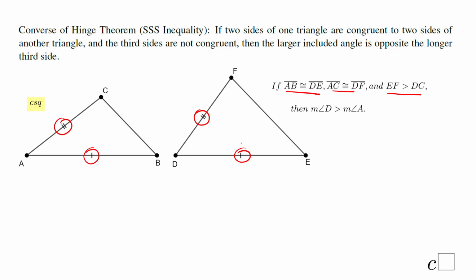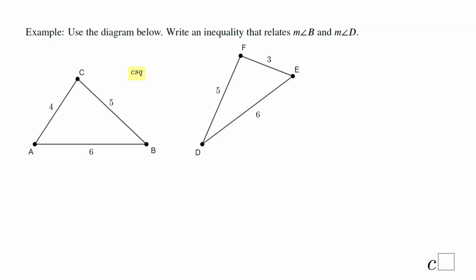So EF being larger, that means this angle will be larger than this one. Okay, so this is the converse of the Hinge theorem, the side inequality theorem. Let's see how we use this one. You notice now in this type of problem we have all sides given. But what do we notice here? We notice this is 5, this is 5.